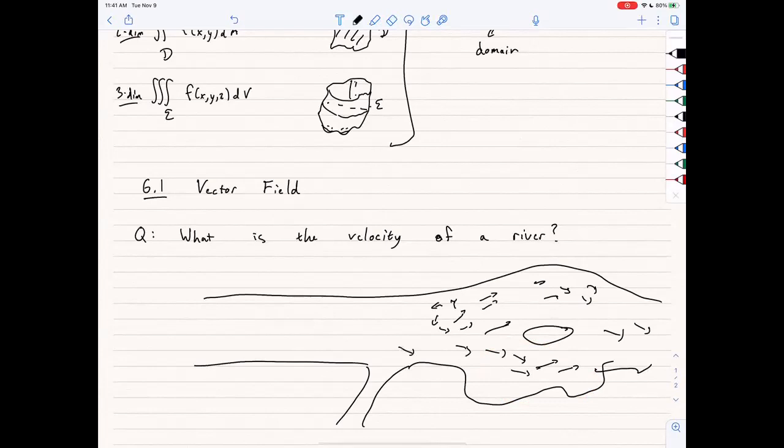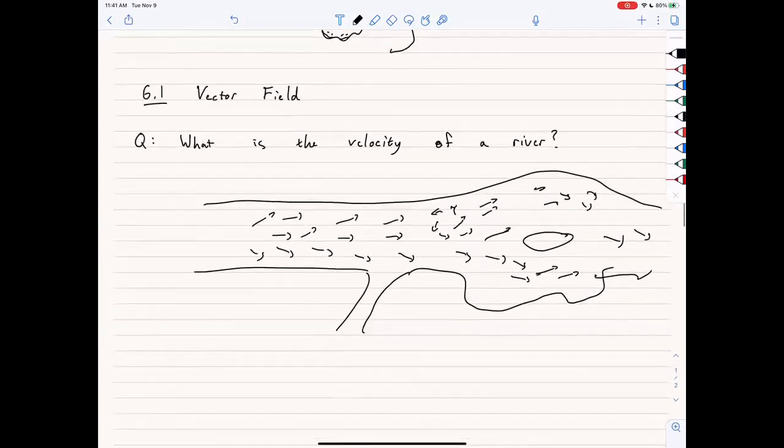Let's say I want to say what my river experience was, or what the conditions of the river are at a particular point in time. To do that, I need to take the whole river, and at every point, every water molecule on that river, I need to assign a certain velocity vector and say it's going there. If I do that, I get something called a vector field.